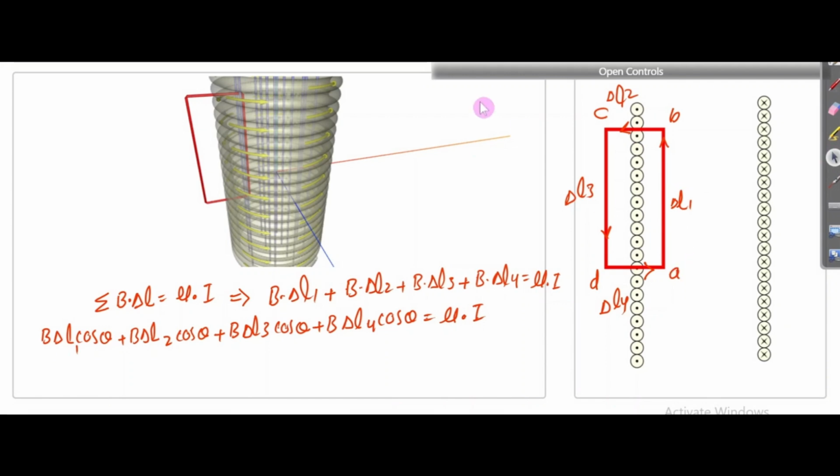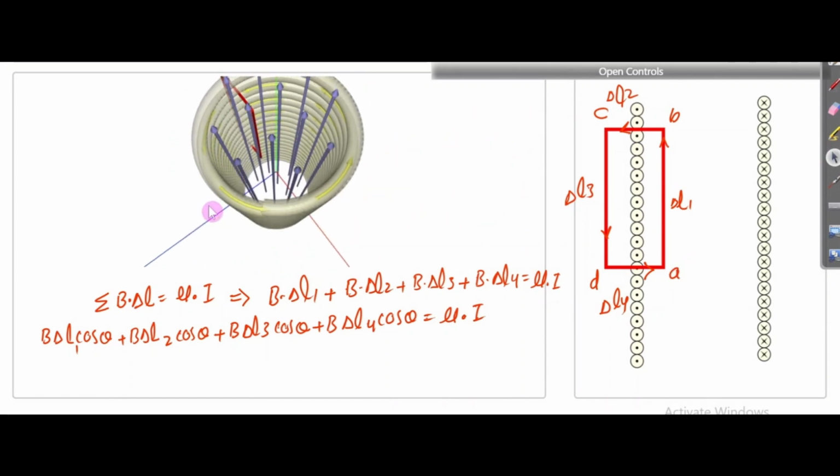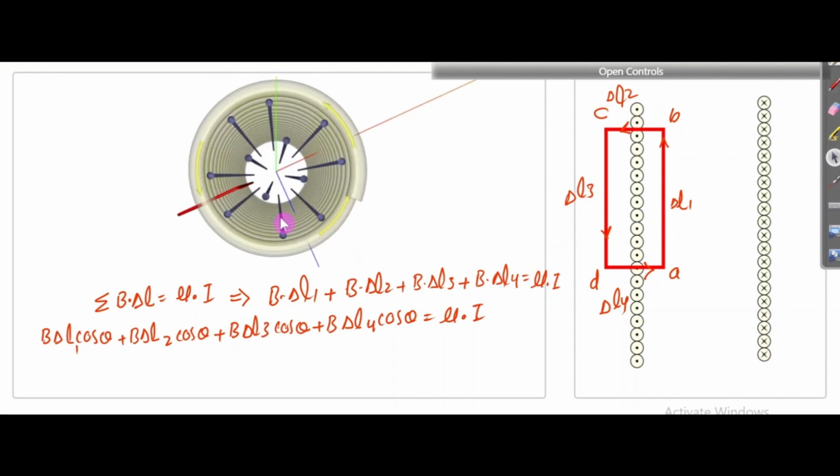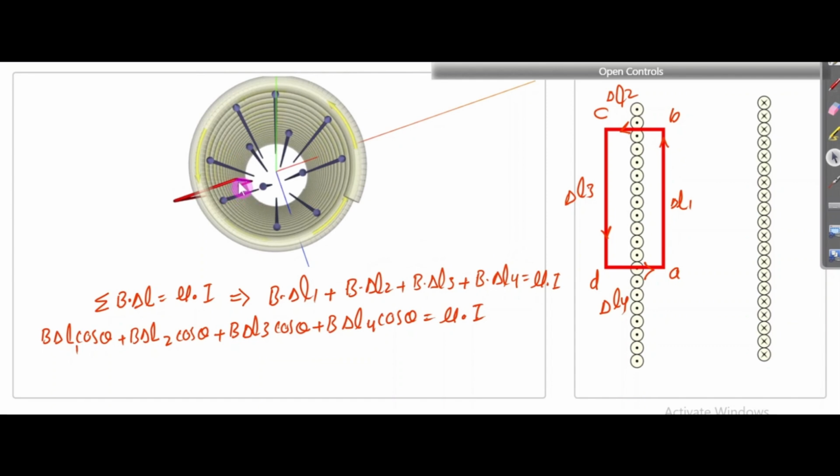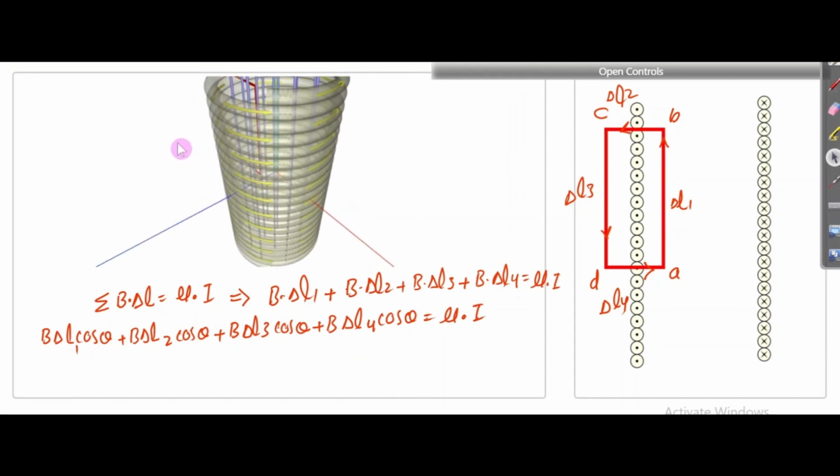This internal side of the Amperian loop is present inside the magnetic field. The direction of the length here is from the bottom to the top, so this is the direction of the length.